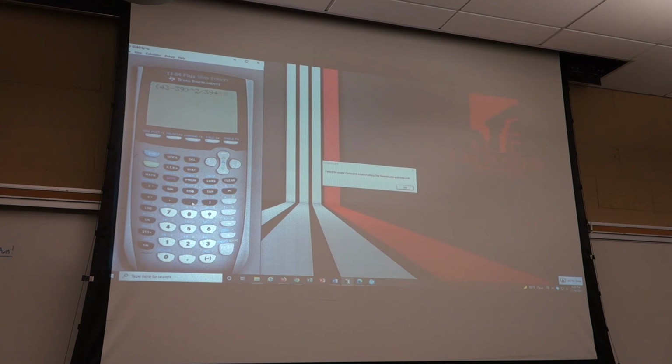Plus, next one, parentheses, 76 minus 90, squared, divided by 90, plus, parentheses, next one, 96 minus 87, squared, divided by 87, plus, well, actually it's just 1. 85 minus 84 is just 1. 1 squared is just 1. 1 divided by 84.